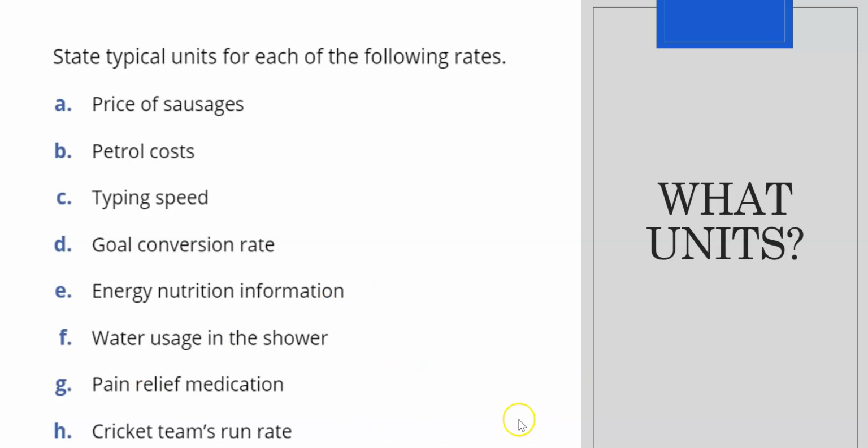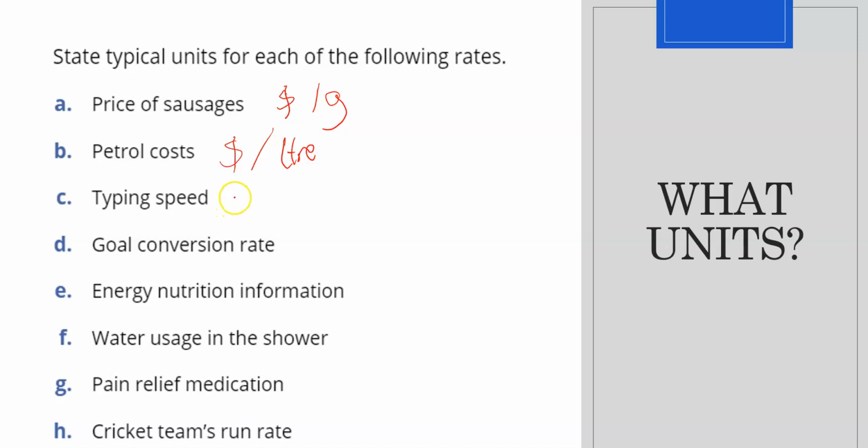All right, what units? Let's have a look at these. What units would we use for each of these? The price of sausages, so it'd be dollars per gram. Petrol costs, so it's usually dollars per litre.